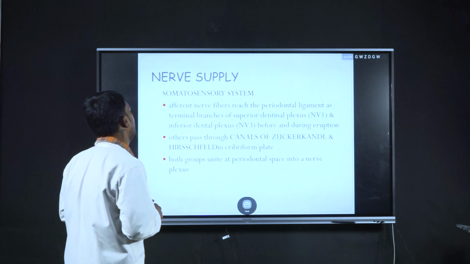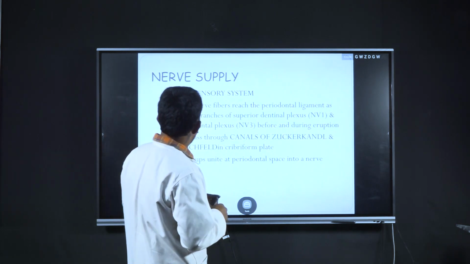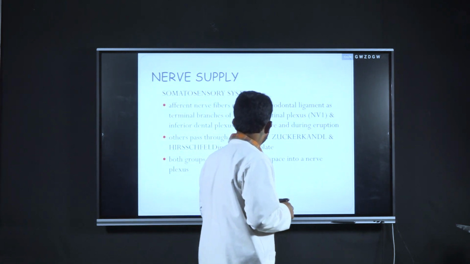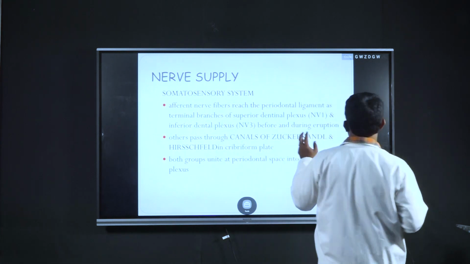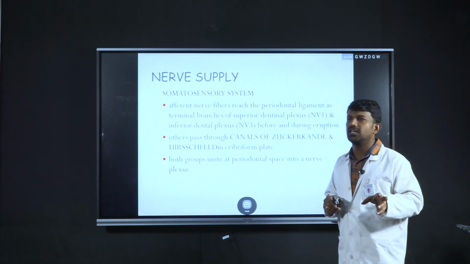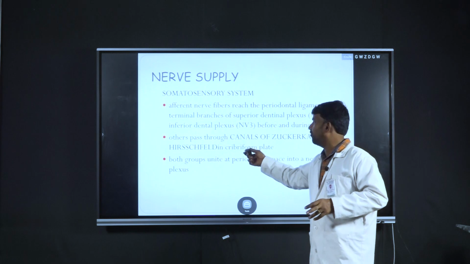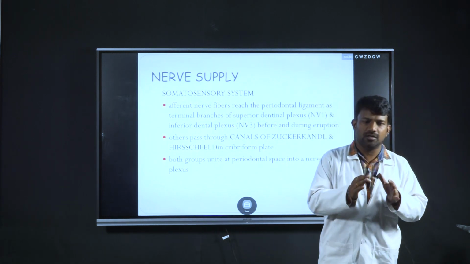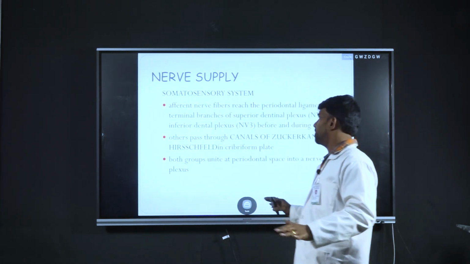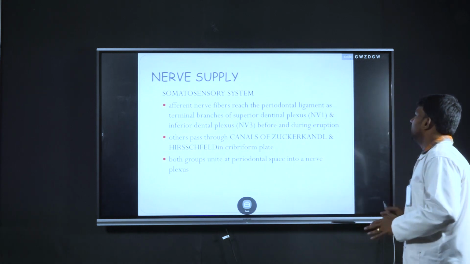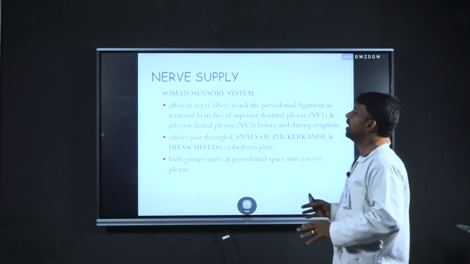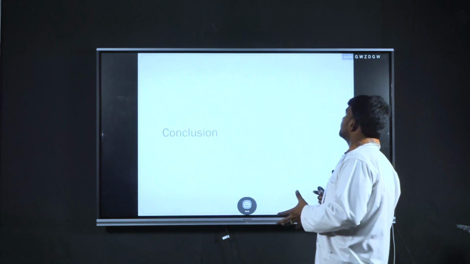Others pass through the canals of Zuckerkandl and Hirschfeld in the cribriform plate. While explaining the viscoelastic theory, we talked about the cribriform plate, where the forces are distributed into the marrow spaces. Both groups unite at the periodontal space at the nerve plexus.